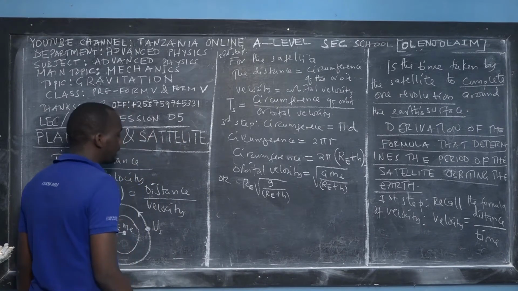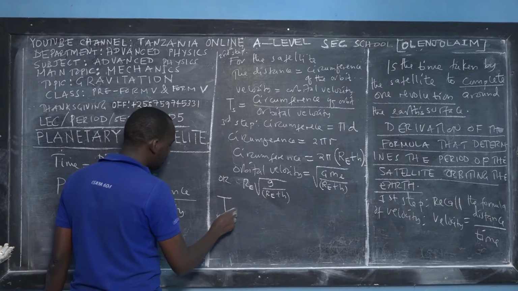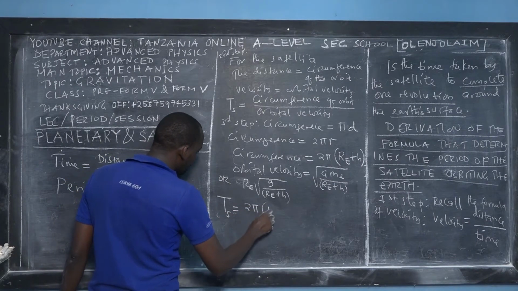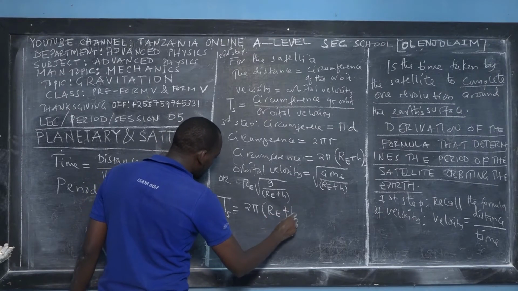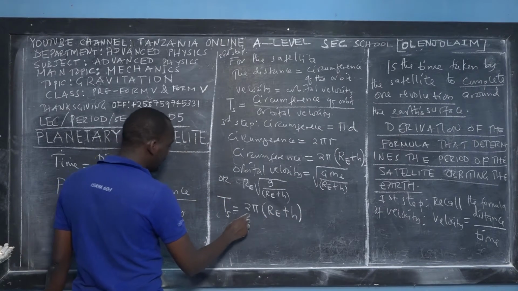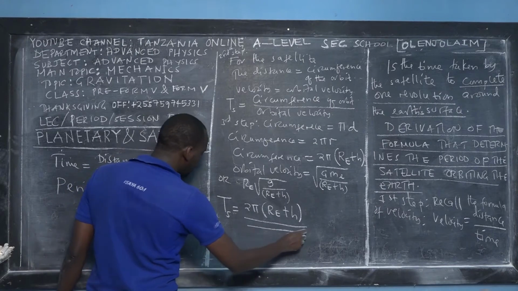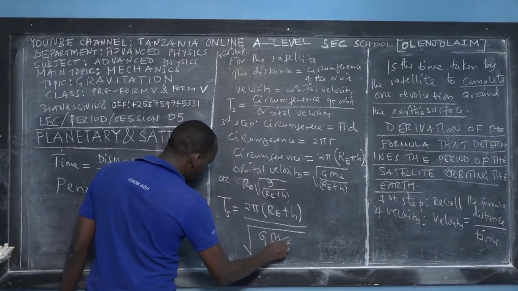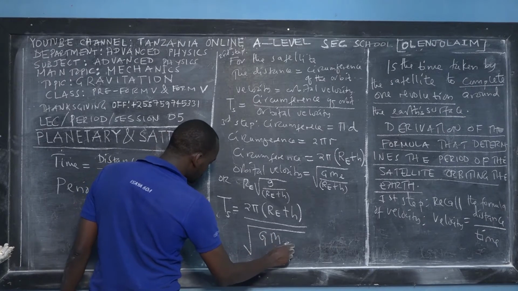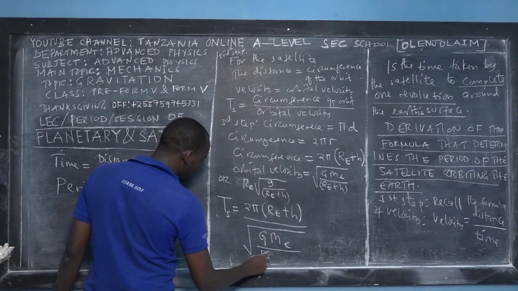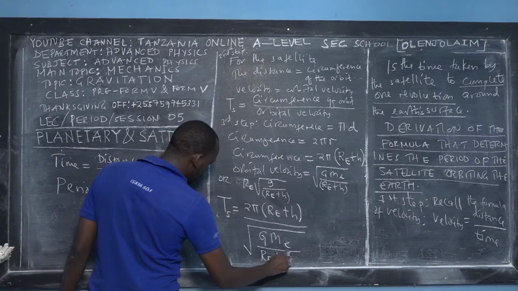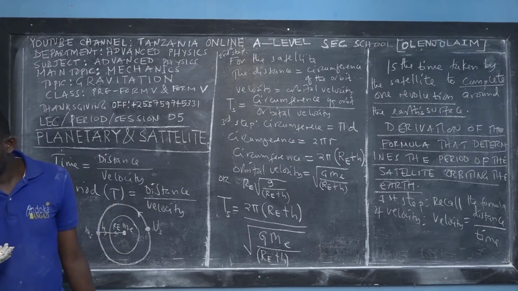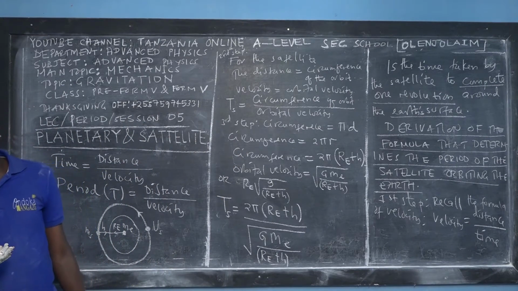So the period of the satellite is equal to the circumference, 2 pi times the radius of the Earth plus the height, divided by the square root of the universal gravitational constant times the mass of the Earth, divided by the radius of the Earth plus the height, where the orbit of the satellite is measured from the Earth's surface.